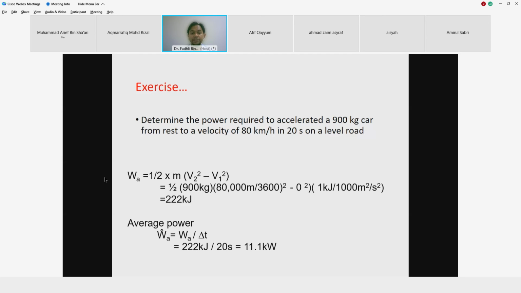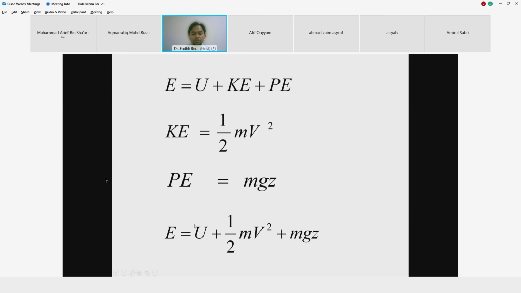How about internal energy? Internal energy is the same because the same car moves from position 1 to position 2, which means the same amount of internal energy. U1 equal to U2 because the same car is moving from point 1 to point 2.